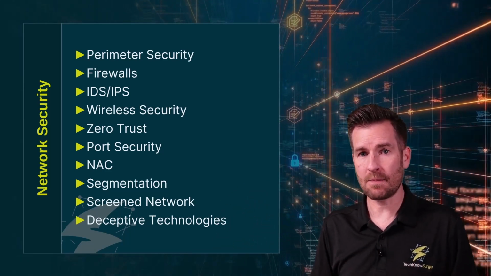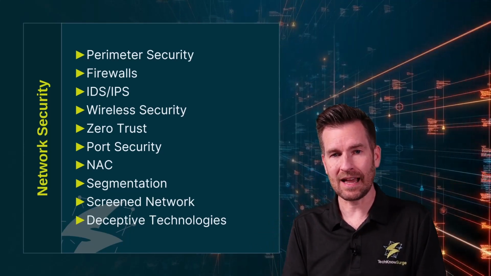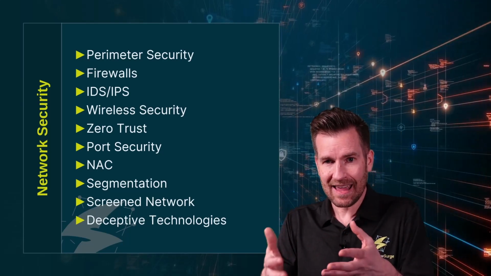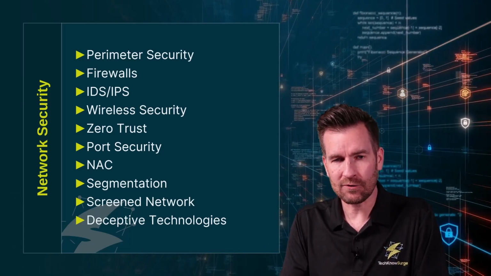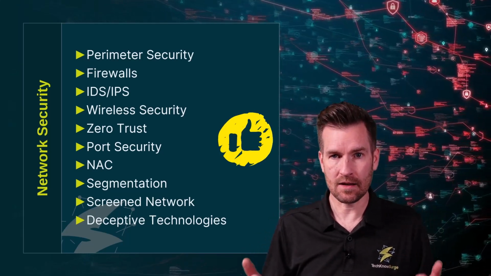And then we wrapped things up talking about some deceptive technologies, things that we can put in place like a honeynet or a honeypot that would attract a threat and they would go after that instead. And then we could analyze their behavior to implement controls on our internal network.